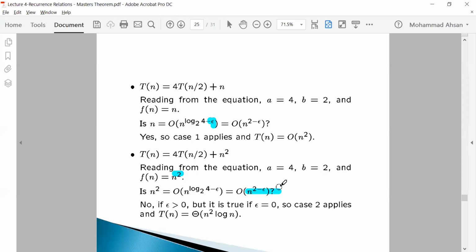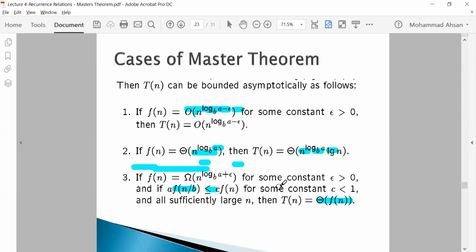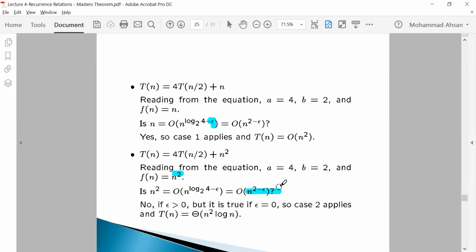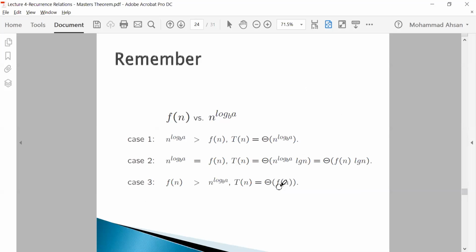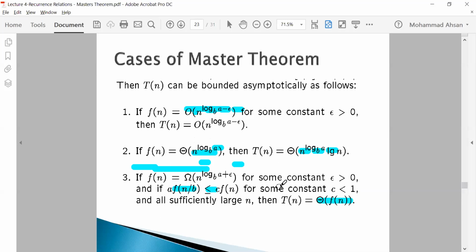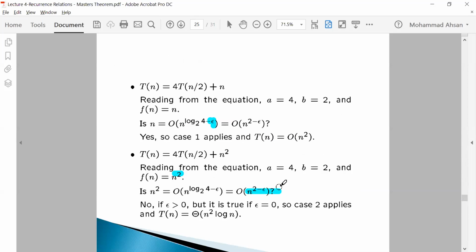So basically n square and n square are equal. If you look at case 2, if your f(n) is theta of n to the log a base b, f(n) is also n square and this value you get is also n square. So case 2 applies. So what is the answer in case 2? Then T(n) is n square log n.